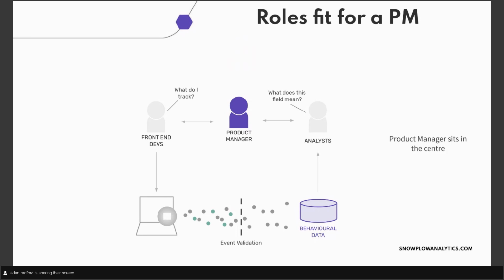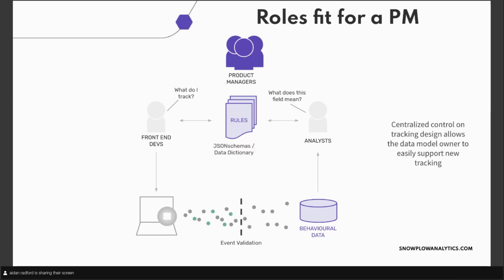And so we've got a product manager in the middle of these two groups, essentially bottlenecked by them. And then maybe as the organization grows, there'll be the need to document some of the processes that are taking place, and there'll be a need for maybe a data dictionary or JSON schemas to help product managers, front-end developers, and analysts across all different teams speak the same language.